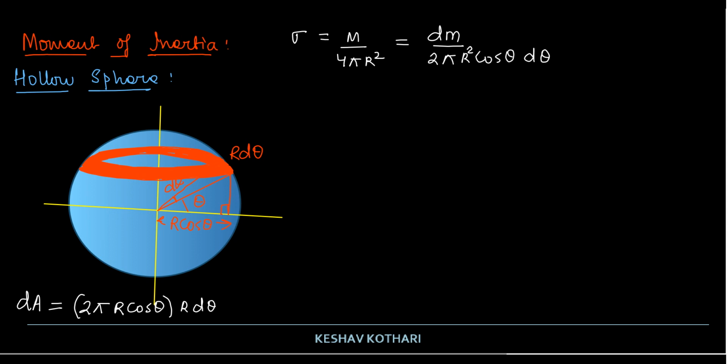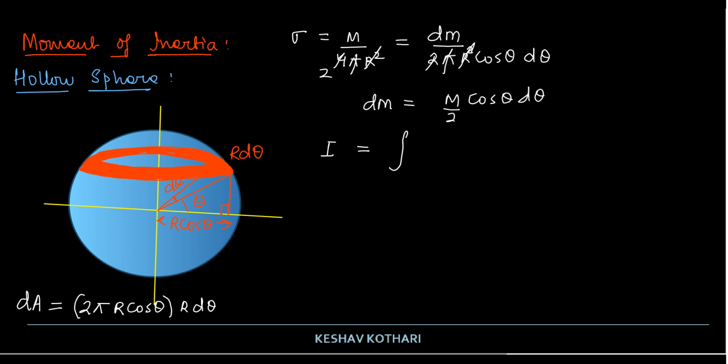And over here I can calculate the value of dm. So dm over here is turning out to be m by 2 cos theta d theta. Now for the elemental ring, I can write that moment of inertia is going to be equal to the integration of r square dm.